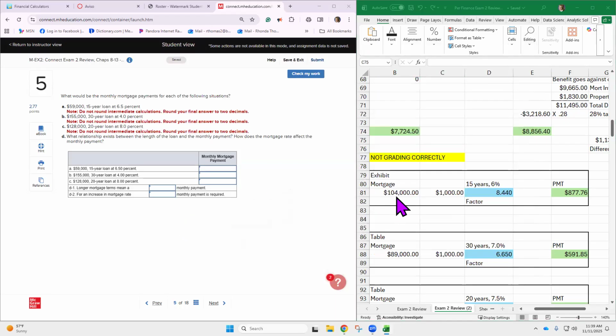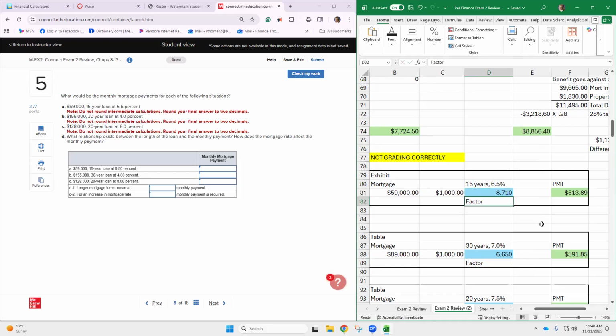So I'm going to put my mortgage amount of 59,000. It's going to get divided by 1,000. I don't have the result of that, but I've got it in my formula. Then I have a 15-year mortgage at 6.5. So I go to the column for 15 years at 6.5, and I get 8.71.